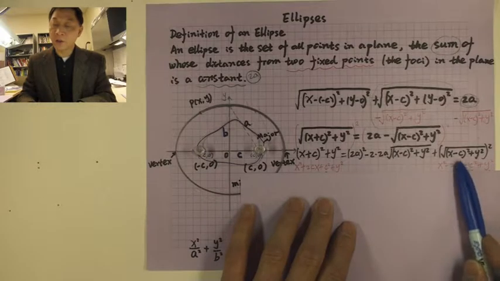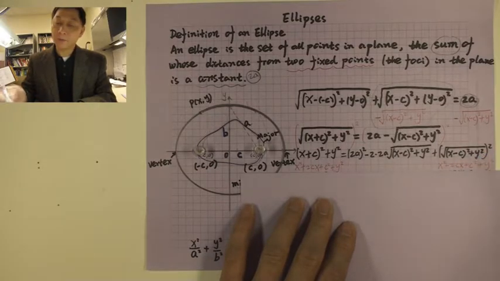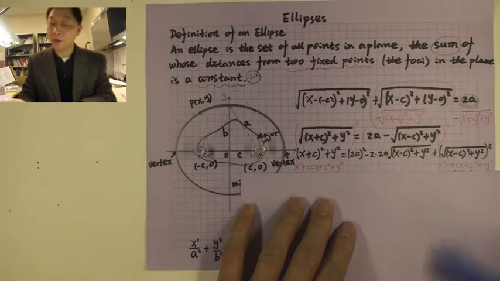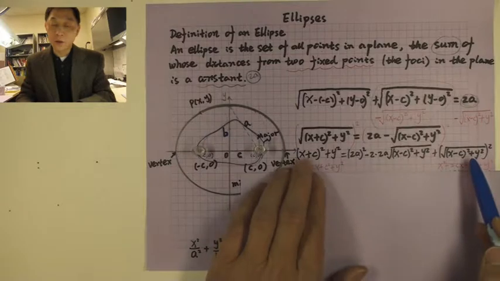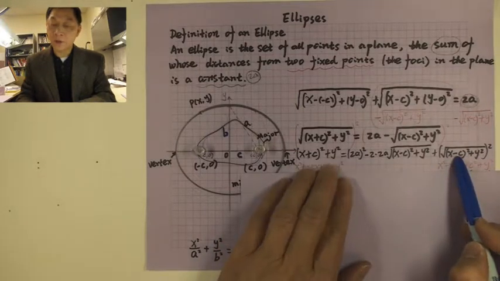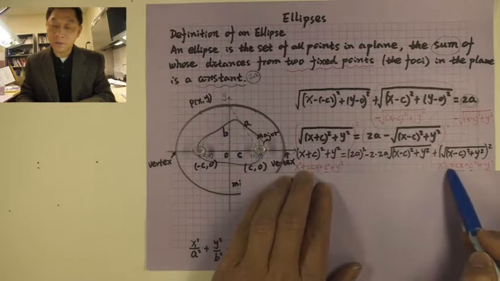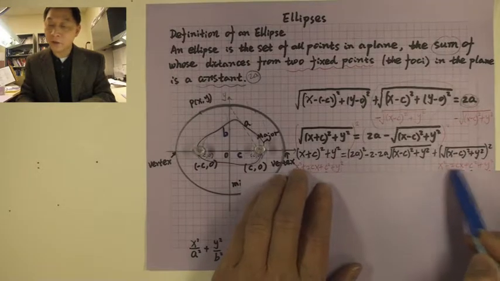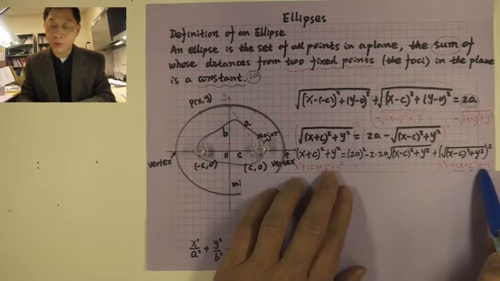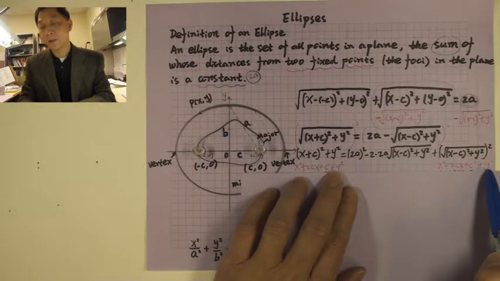And here is the same thing, because you have squared, choose the square root, so we don't need this square root anymore. Those two are almost the same, except here is negative. So then you have a negative down here. The rest of the three terms, x squared, c squared, plus y squared, are the same.